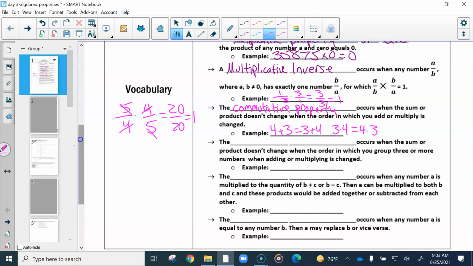The order does not matter. Multiplication and addition are the only things where the order does not matter. Subtraction and division, the order does matter, so those are not commutative.